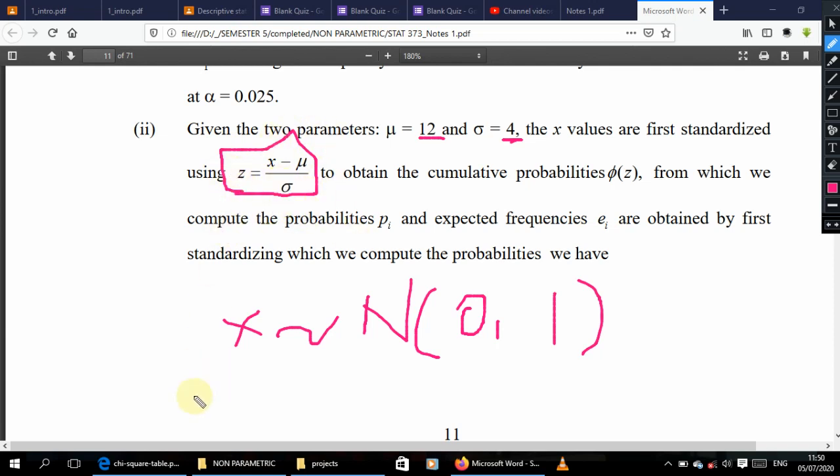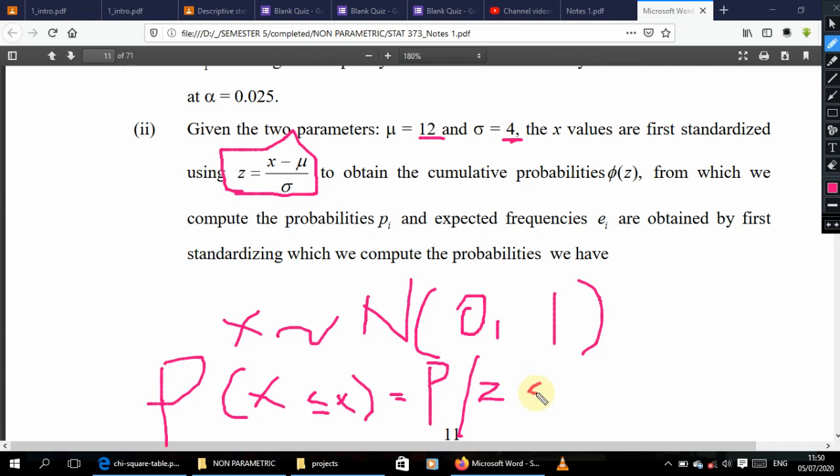So instead of calculating any probability by saying, let's say, the probability that x is less than or equal to small x, you won't say that. You rather say the probability that z is less than or equal to x minus mu all over sigma.